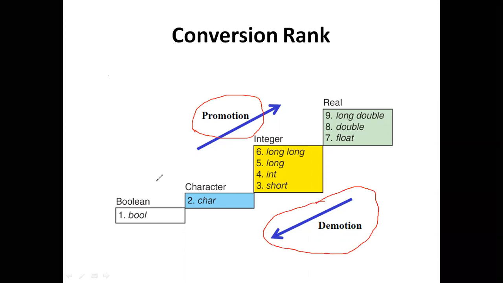A boolean value is easily converted into char, a char value is easily converted into integer type, and integer values are easily converted into real types. But whenever we face a demotion, we need to apply explicit demotion.